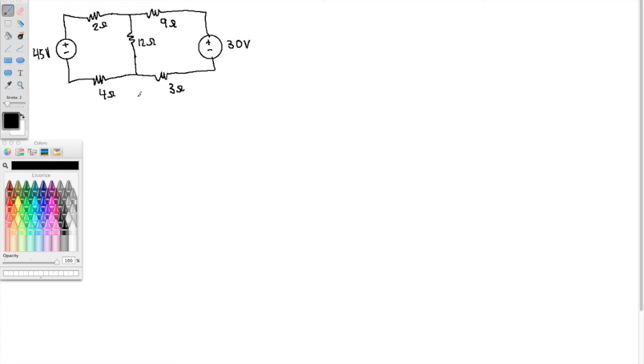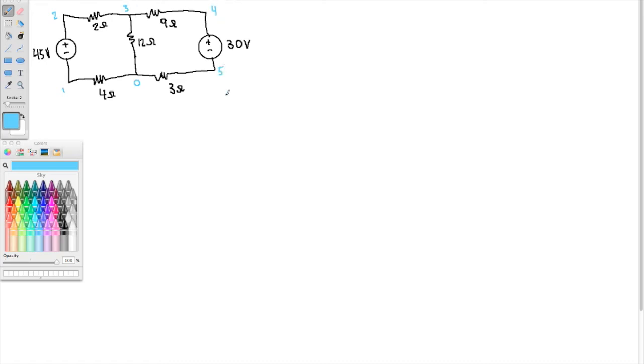Right, and we want to solve the circuit, meaning we want to find everything in this circuit. So we want to find all of the branch currents, and we want to find all of the node voltages. Call this node 0, 1, 2, 3, 4, 5.